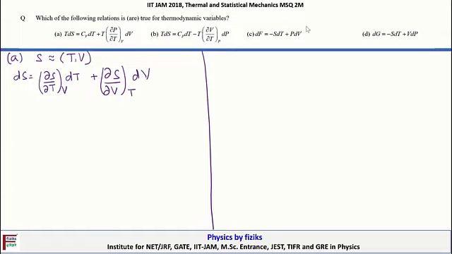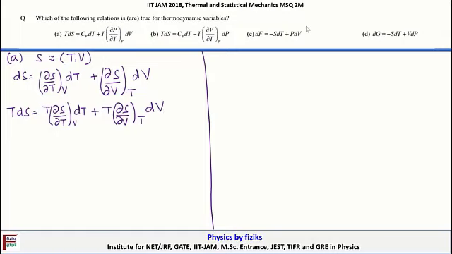Now multiply both sides by T. That is, T dS = T (dS/dT) at constant volume dT plus T (dS/dV) at constant temperature dV.